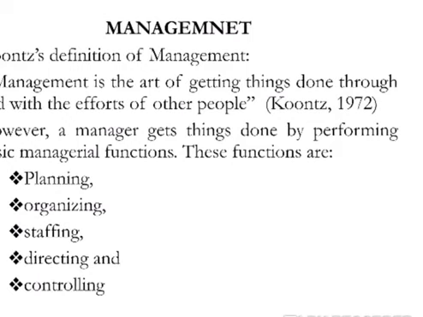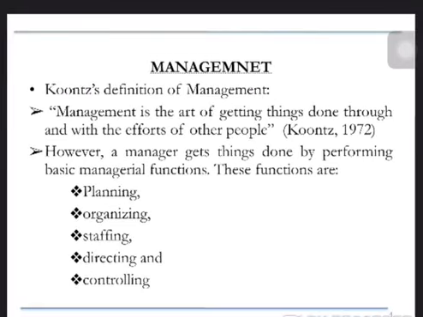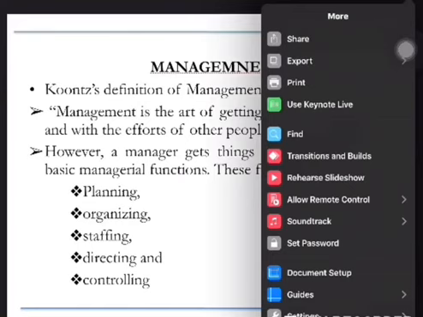However, a manager gets things done or achieves such goals or objectives by performing basic managerial functions, and we have 5 functions. The first function is planning, second organizing, then staffing, directing, and controlling. All managers should perform such managerial functions in order to achieve organizational objectives.